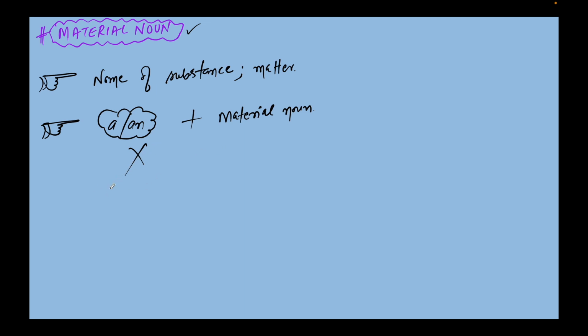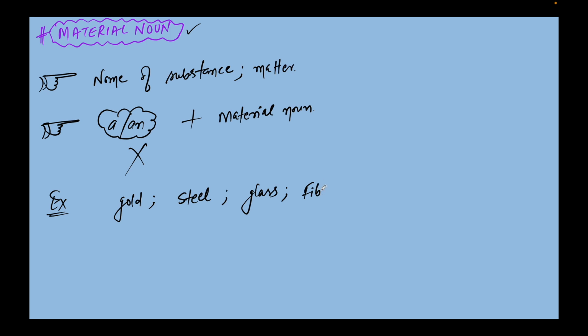Okay. Now, if I take some examples, just like gold, you can't use 'a gold' and 'gold'. Second example, steel. Here you cannot use 'a steel'. Here glass, you can't use 'a glass'.